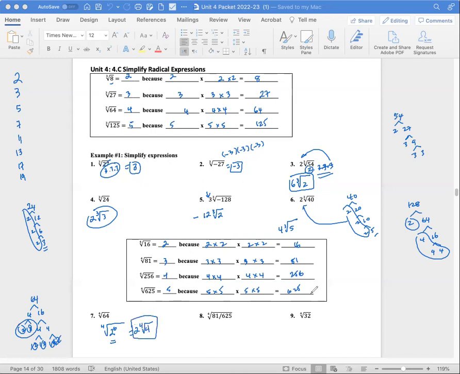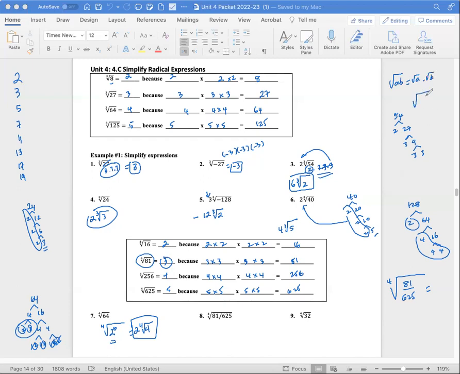Now here, this is not difficult. Fourth root of 81 over 625. We just said that the fourth root of 81 was 3. We know that. So when you have a radical of a times b, it is equal to radical a times radical b.